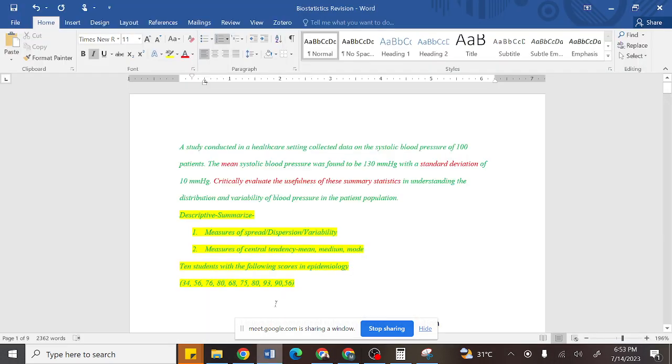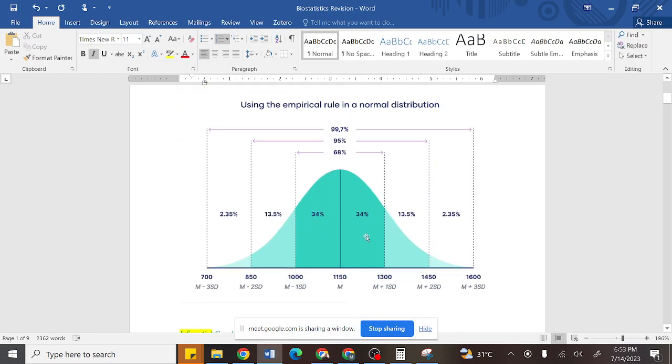Let's go back to the curve here. If you have moved one standard deviation, it means you have moved that one standard deviation either on the right or the left, which carries 34% of the population that you have looked at. So that's why you have this combination of 34 plus 34 to get 68.